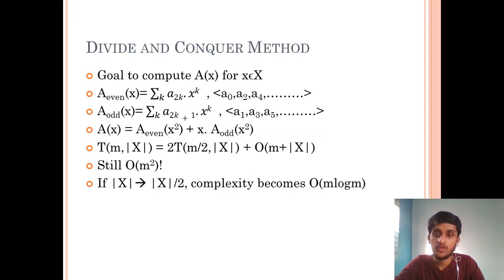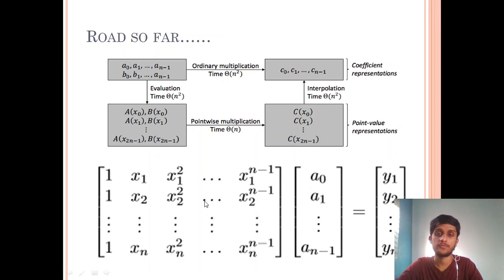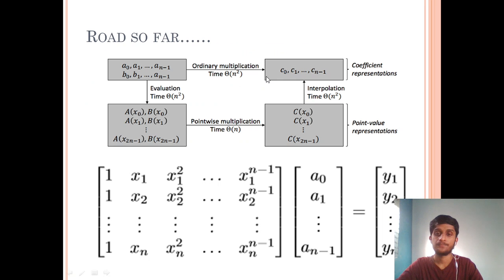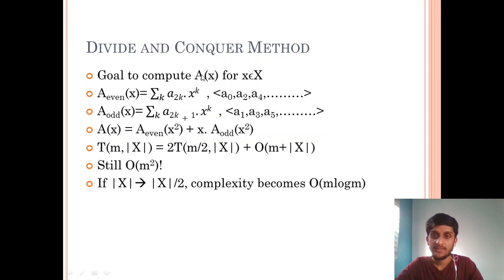As we saw, our goal was to compute the polynomial A for the points x, for some set x where the dimension of x would be m, the number of points we have to calculate. So what we do is divide the vector of coefficients A into two equal parts, the even entries and the odd entries.